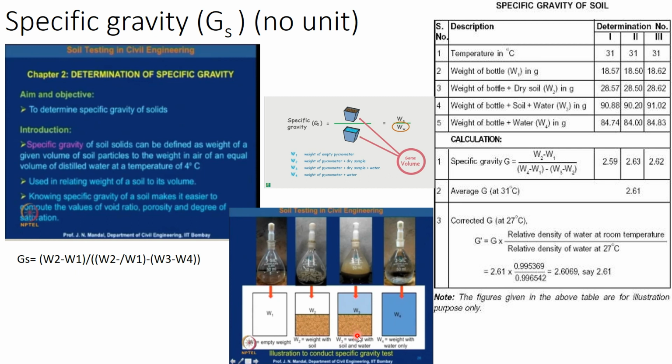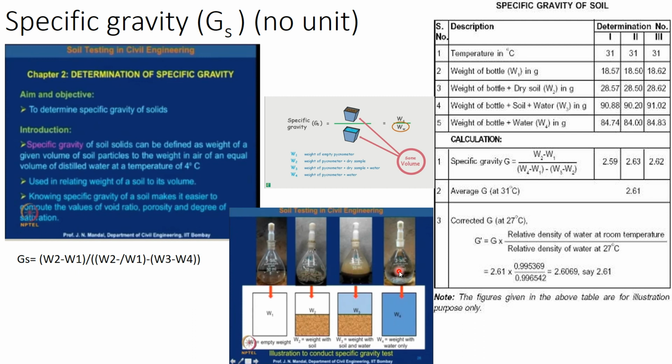Now we have the weight W3, which is the weight of bottle plus soil plus water. So first we measure the empty bottle weight, then bottle plus soil, then bottle plus soil plus water.